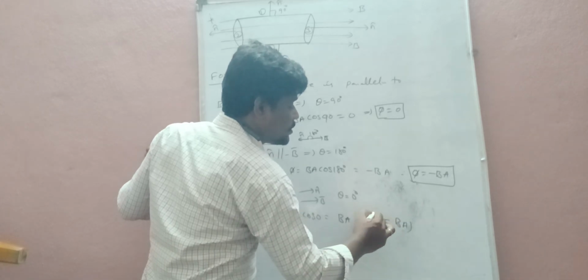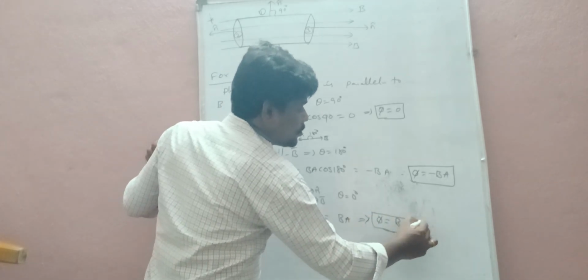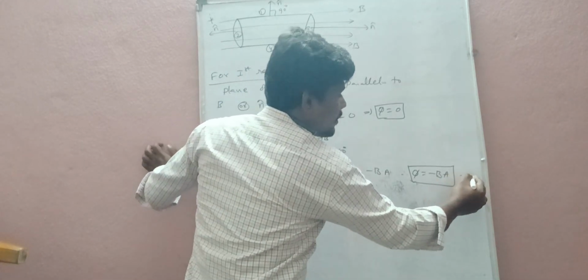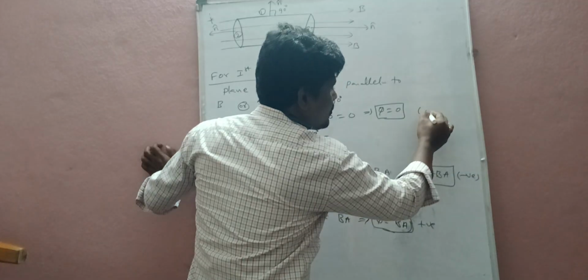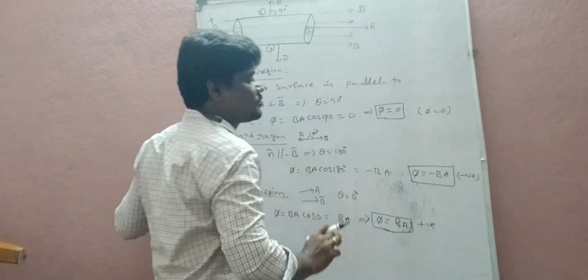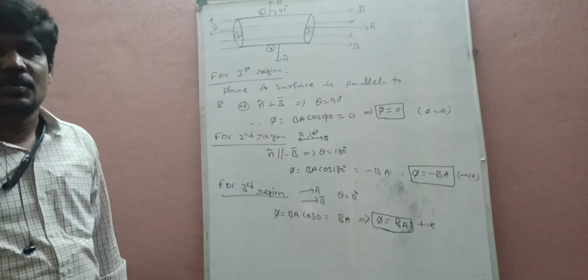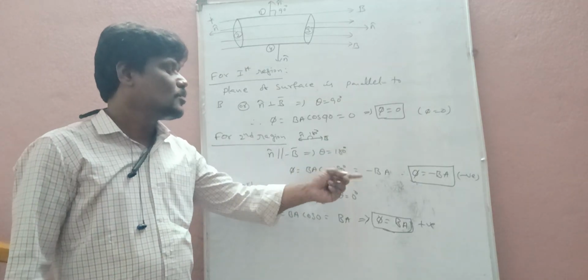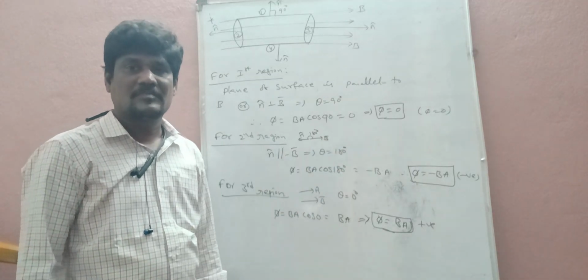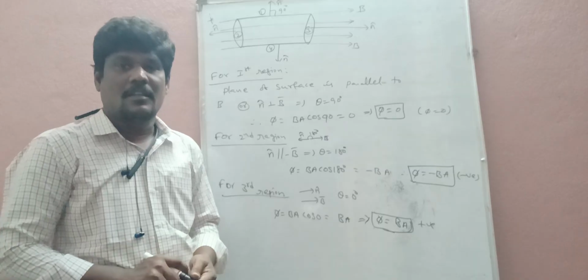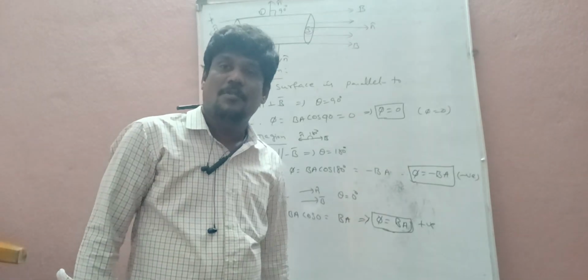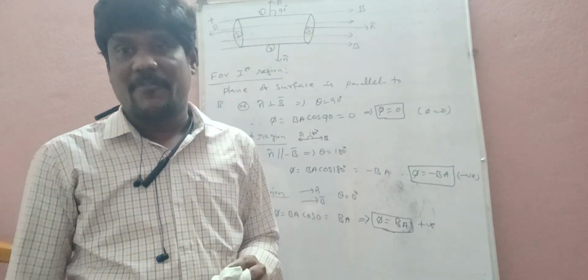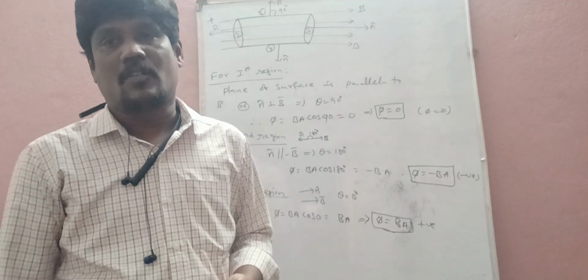Is it positive or negative? Positive. Here negative. Here phi equal to 0. Flux may be positive, negative or 0. Okay. Now we have to discuss the magnetic flux associated with the coil.